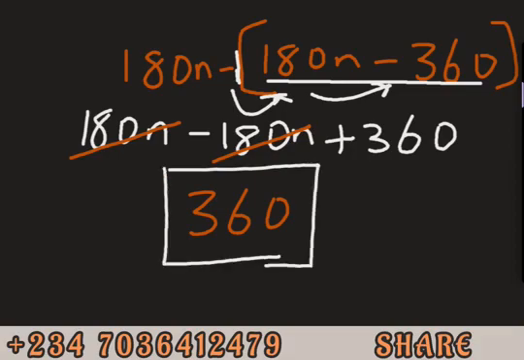Yes, we also said that if we know the sum of all the exterior angles, when we divide it by n, which is equal to the number of sides or the number of interior angles or the number of exterior angles.